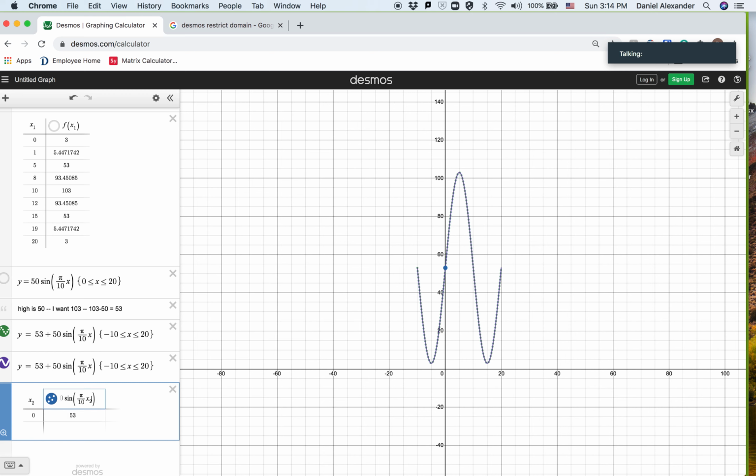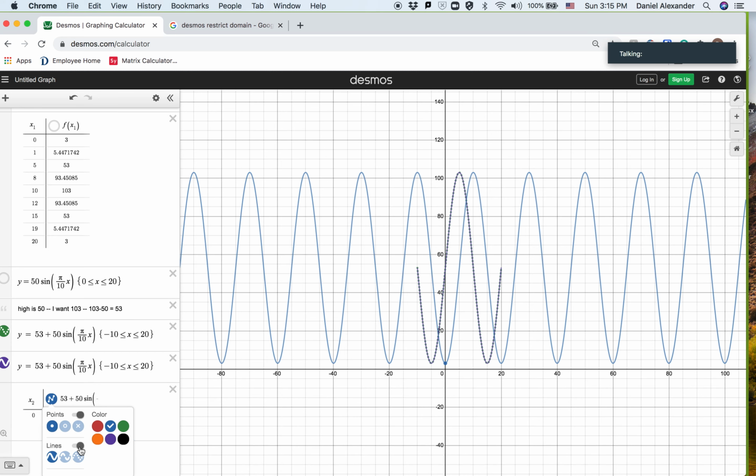When I plug in 0, this is all going to be zeroed out, and what I want is the lowest possible sine value, which occurs at minus pi over 2. This is the hardest part. And it works perfect. That's the graph that I want. Notice how I moved it over here. I'm going to make this solid and turn the others off. That's what I want. So moving the minus pi over 2 there was the key.